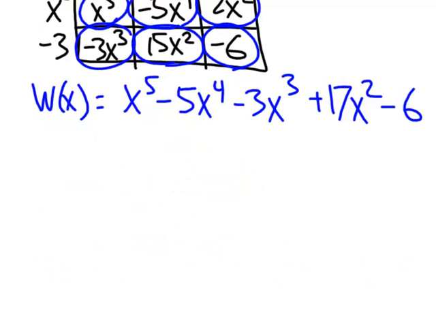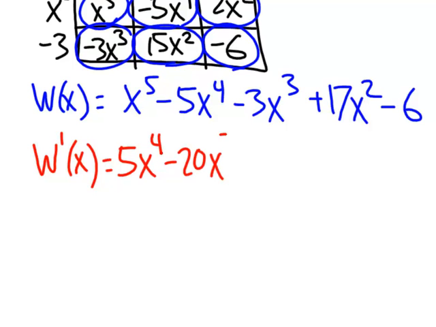And now we'll do some calculus. Now we'll take w prime, and we'll apply our product rule, I'm sorry, our power rule: 5x to the 4th, and then here we'll have minus 20x cubed minus 9x squared plus 34x.